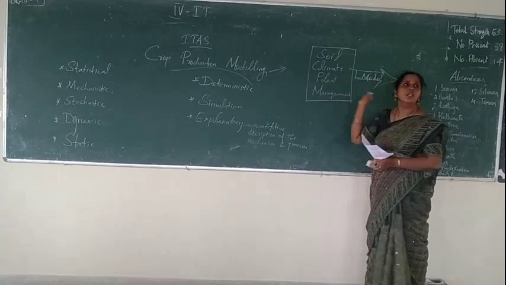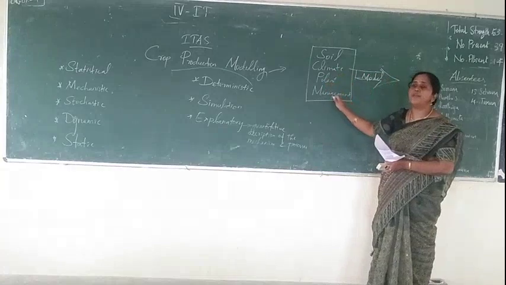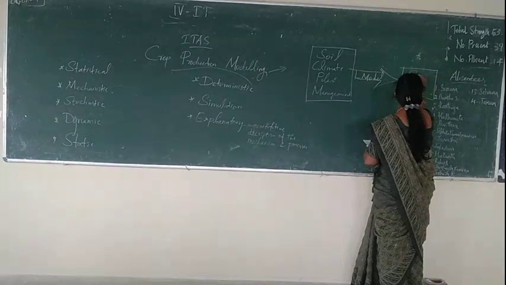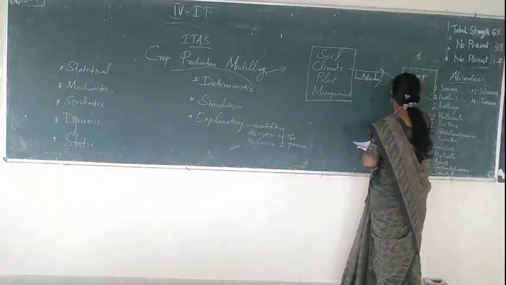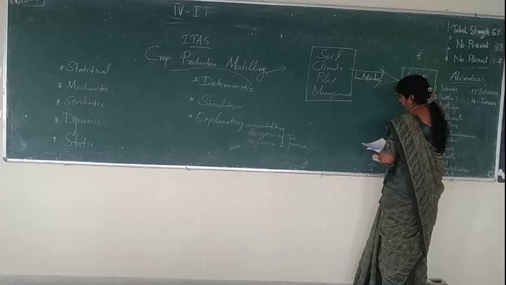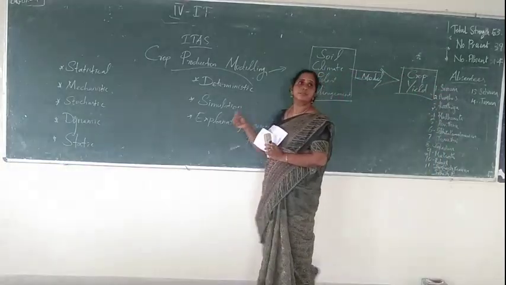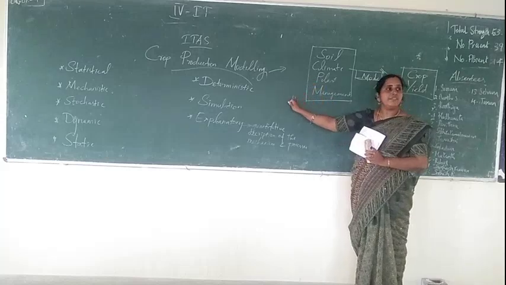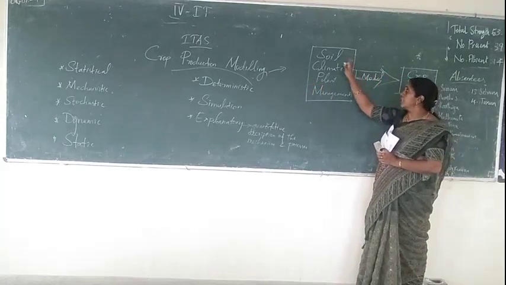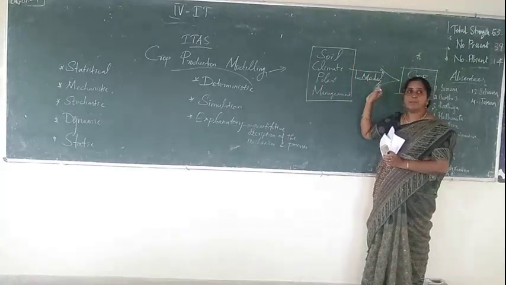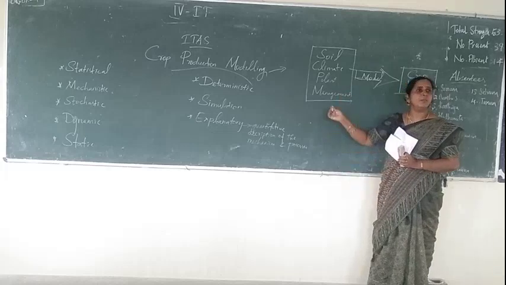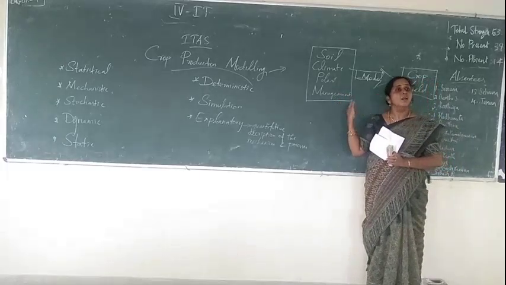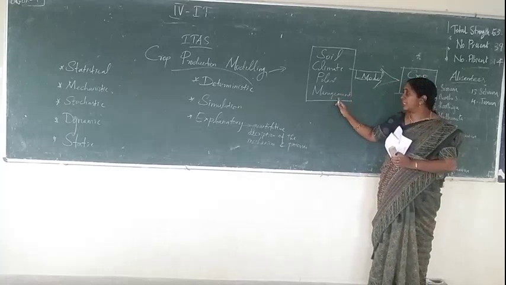Based on these components of input, we can get the crop yield. So crop yield depends upon the environmental factors such as soil characteristics, climate, the particular type of plant, then management techniques, the irrigation techniques, pest control techniques or fertilization use.